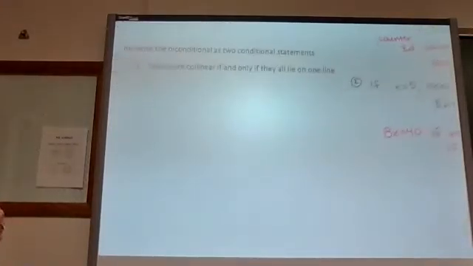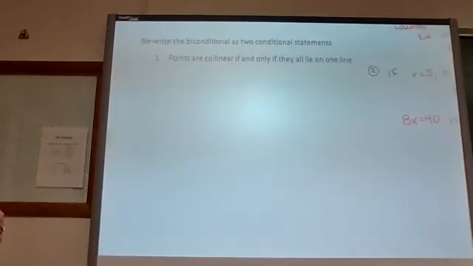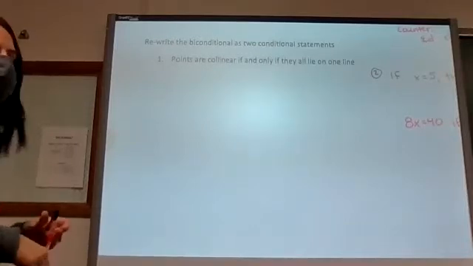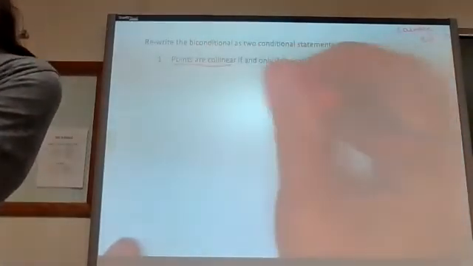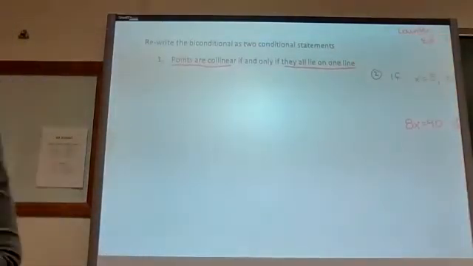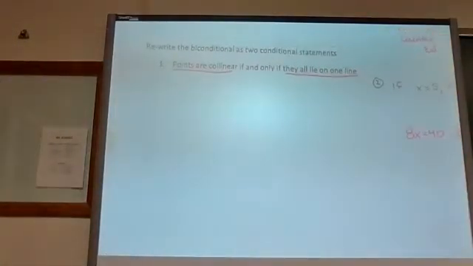Okay. Our third problem here gives us a biconditional and asks us to write it as two conditional statements. Conditional statements means write them with the if-then instead of with the if and only if in the middle. So it says points are collinear if and only if they all lie on one line. So what's one if-then statement I could make from that?